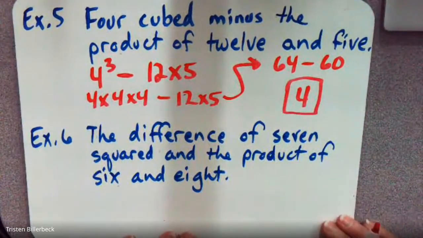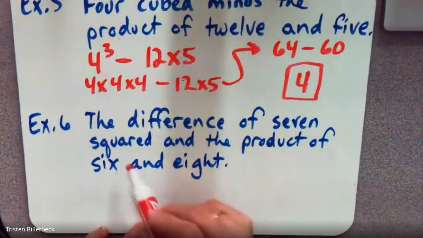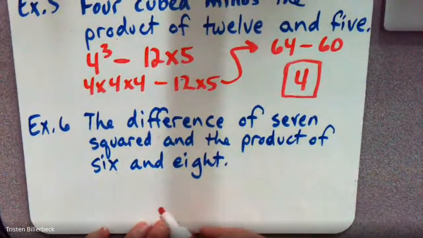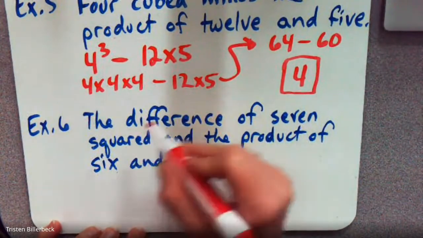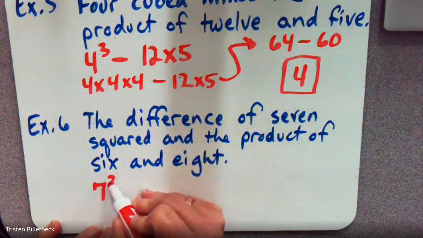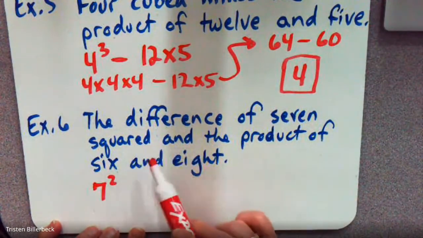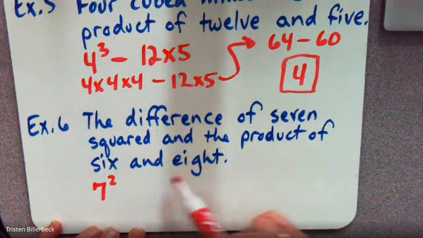All right. So now let's look at the difference of 7 squared and the product of 6 and 8. First, let's write 7 squared. And we're trying to find the difference of 7 squared and the product of 6 and 8.